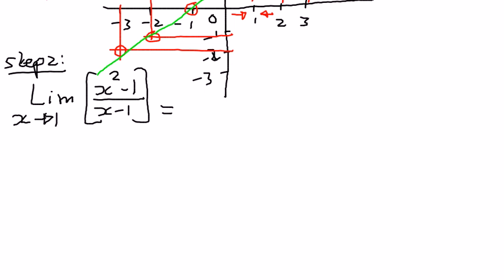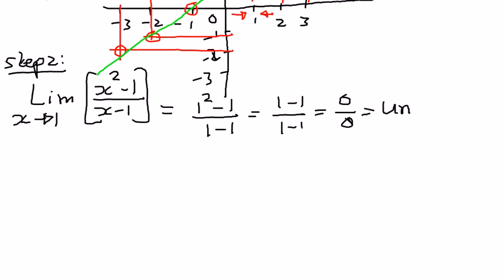We're going to substitute the value of x equals 1 in here. 1 raised to the power of 2 minus 1 divided by 1 minus 1. 1 squared is 1, minus 1, divided by 1 minus 1. The numerator is 0, the denominator is 0. Therefore, this is undefined. And this is what we have seen in the table of values above.